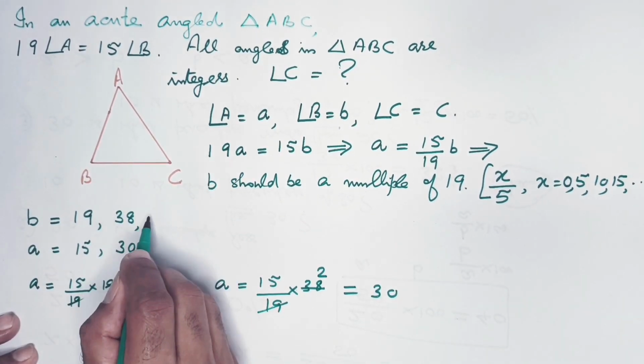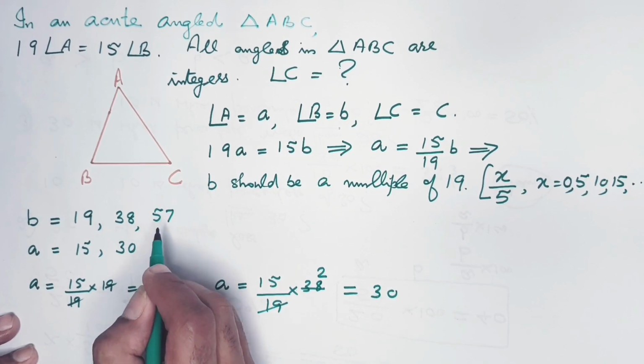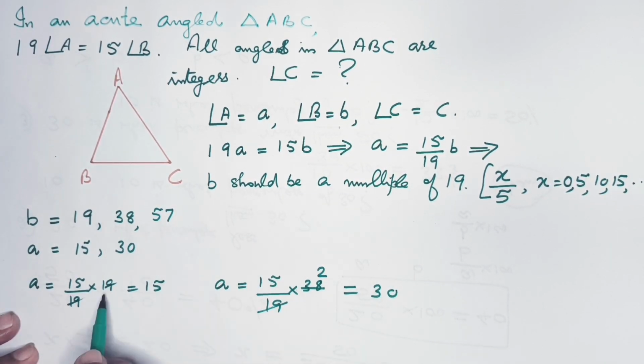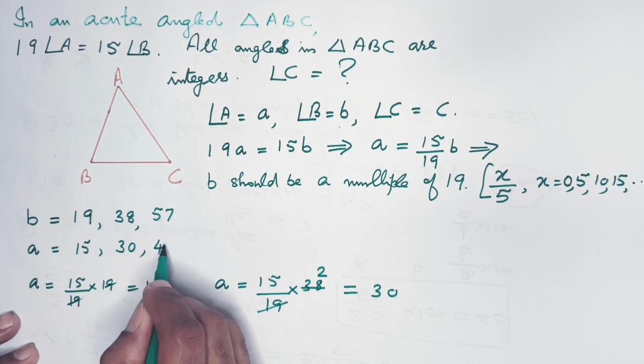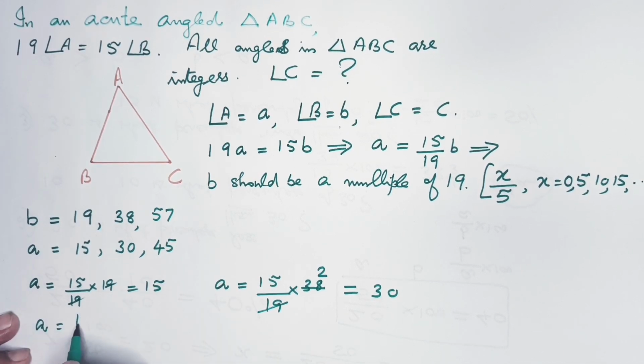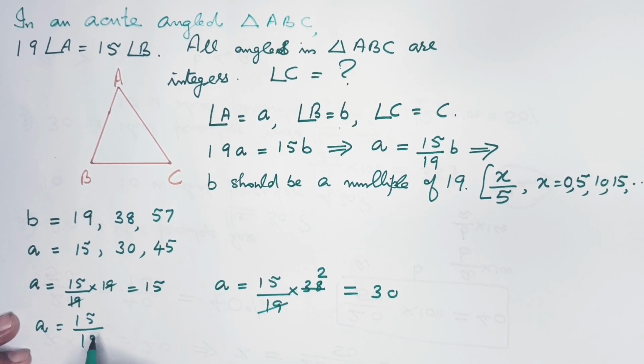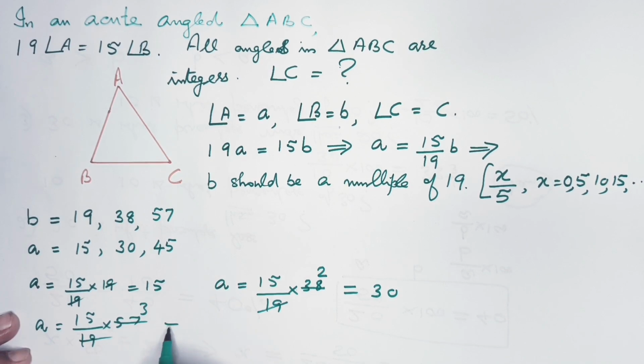Now, what is the next possible value for B? 57. And putting 57 in place of B, you are going to get 45. A equals 15 divided by 19 times 57. It goes 3 times. 3 multiplied by 15 is 45.